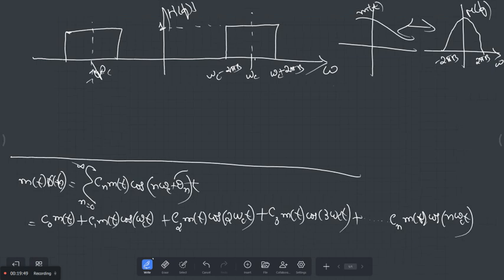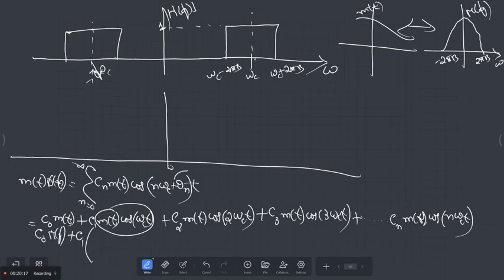Now, using that, can you draw the spectrum of this? What is the spectrum of C0 into m of t? Convert it to Fourier domain. What is the Fourier transform of this?